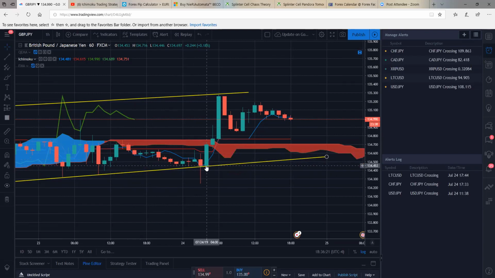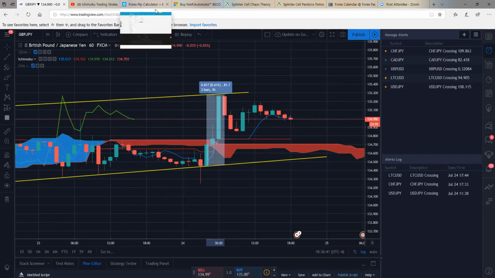Now this takes perfect timing because this happened in a matter of minutes. It came down, slammed, and came right back above the bottom of the trend line. So you would have hit buy right there. If you'd have caught that and took it all the way up to the top, you'd have got 81 pips or points.